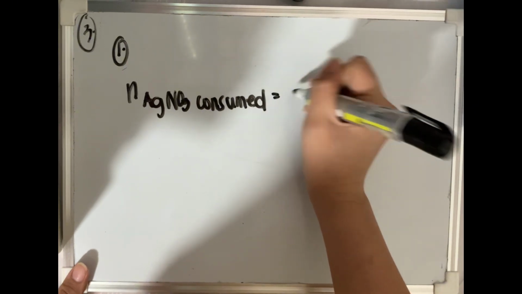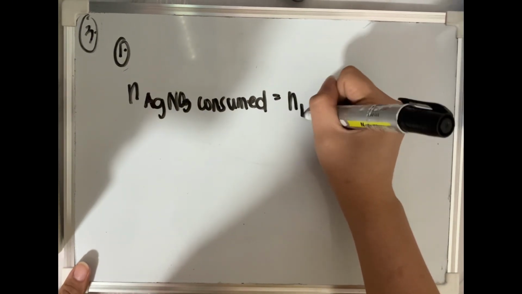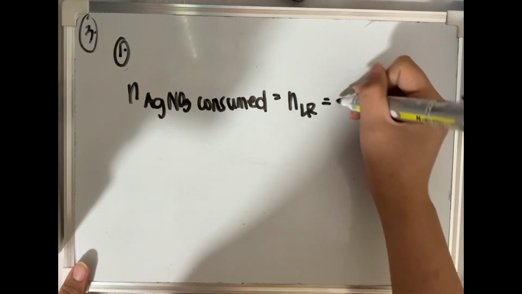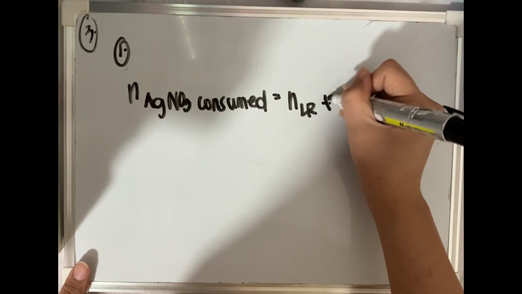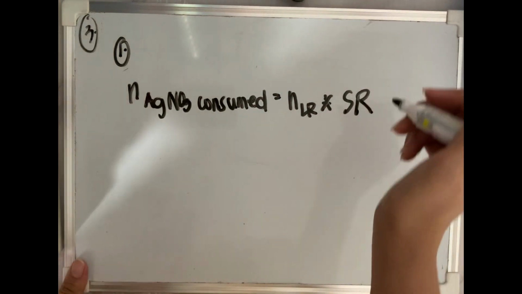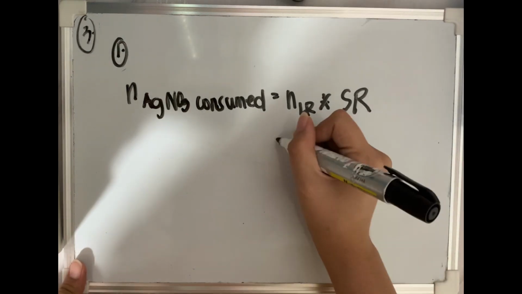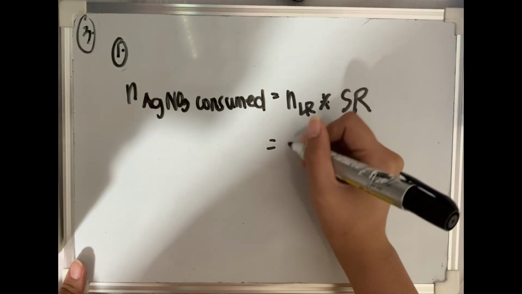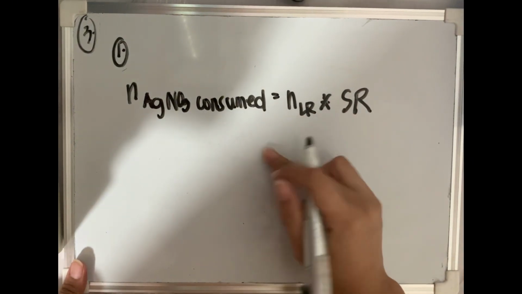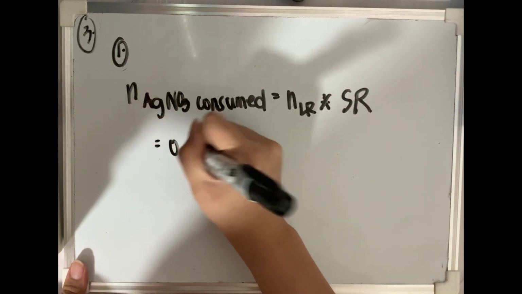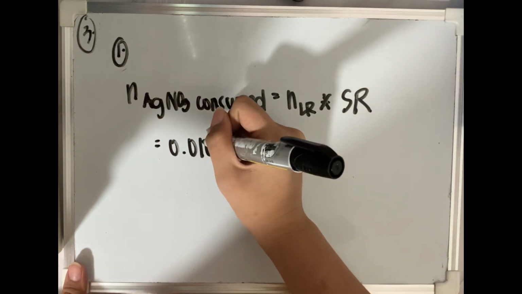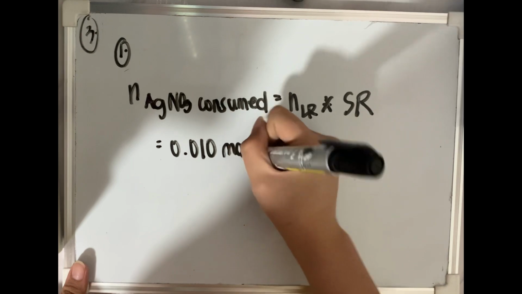AgNO3 consumed is equal to the number of limiting reactant times the stoichiometric ratio. So the number of limiting reactant, again from the previous example, is 0.010 mole of NaCl.